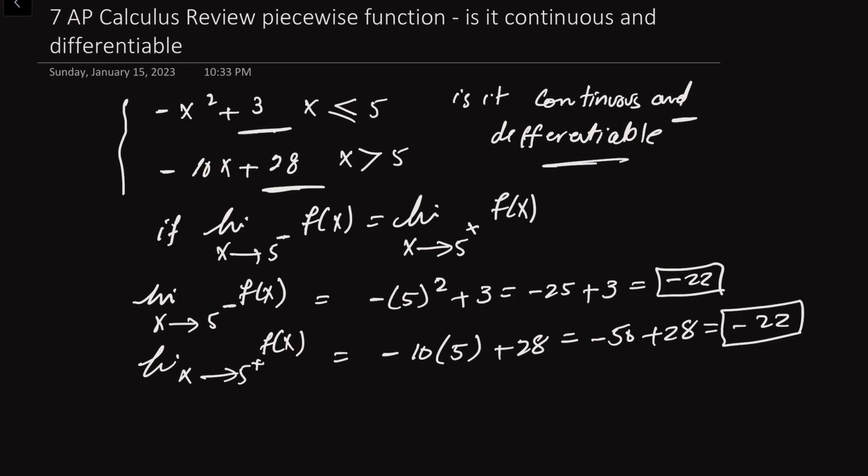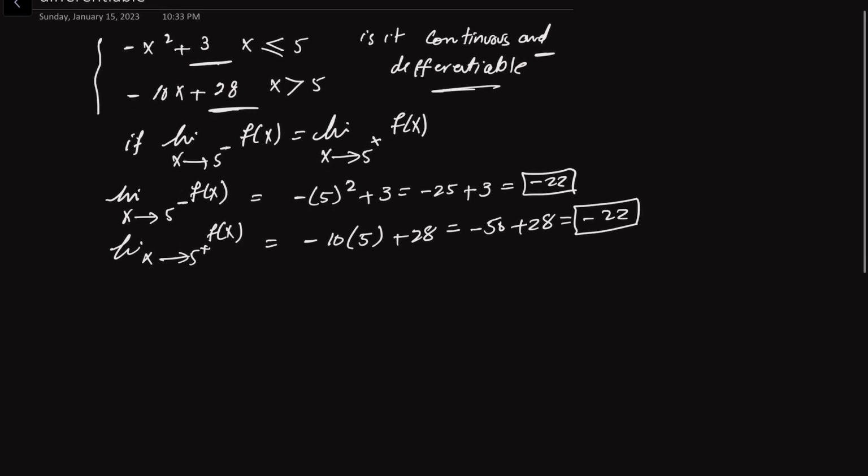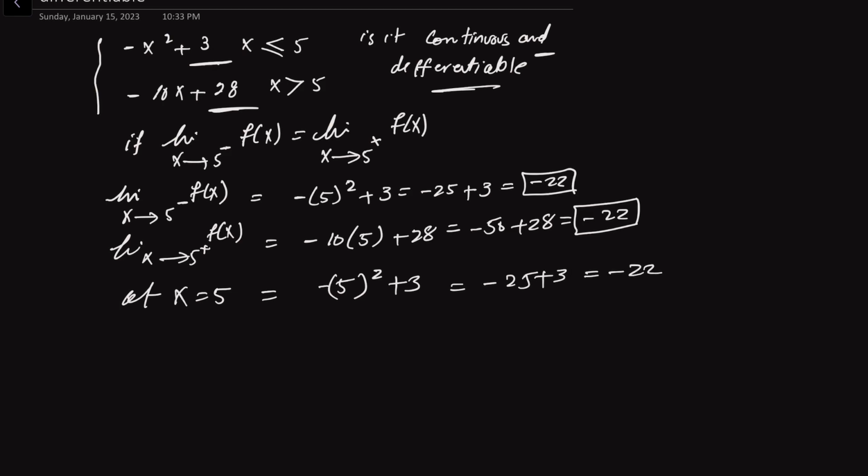So it's a good sign. Then let's try at x equals 5, which uses the first equation, minus 5 squared plus 3, which is minus 25 plus 3, which is minus 22.